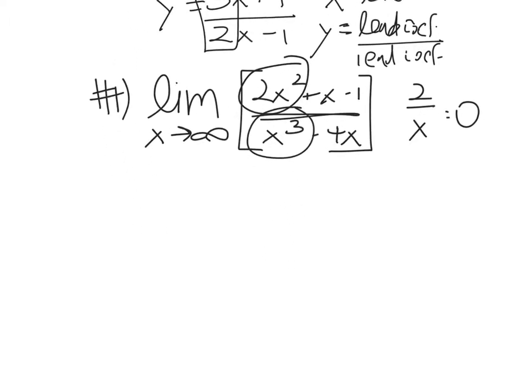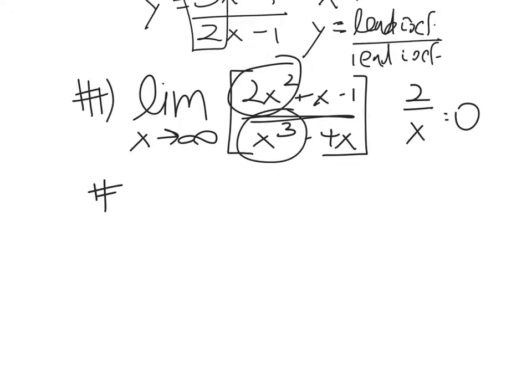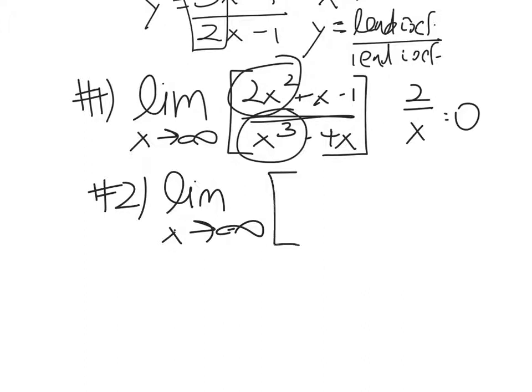Sometimes they'll give you a little twist. Number 2. They'll tell you, let's find the limit as x goes to infinity for 3 plus 2x plus 1 over x minus 4. Something like that. Okay? They put that 3 out there. Now, what you want to do is take the properties that we learned last week and split this up into 2 limits.